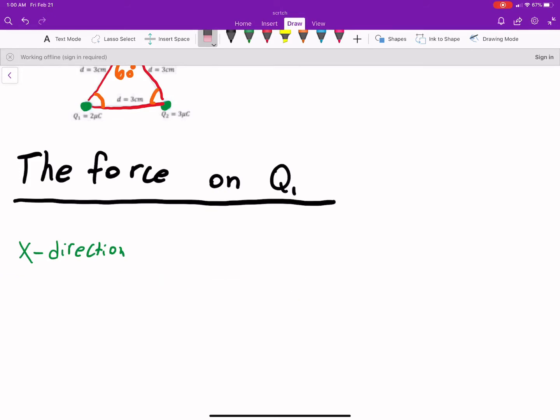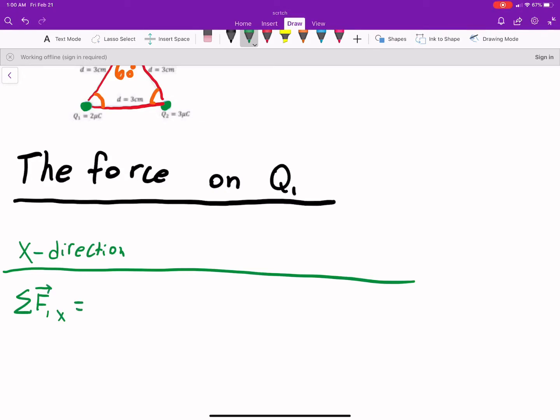So we have the sum of all forces on particle 1 in the X direction. And that's going to be minus the magnitude of force 2 onto 1.